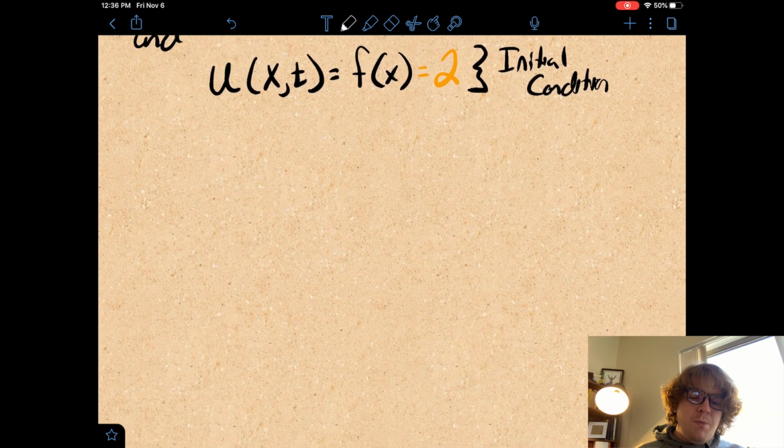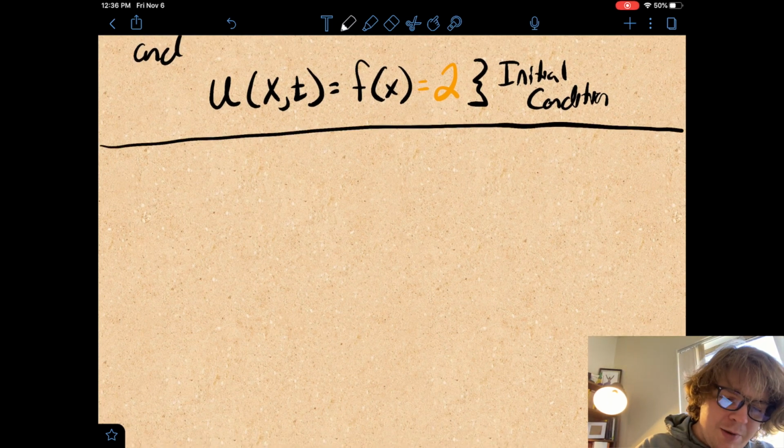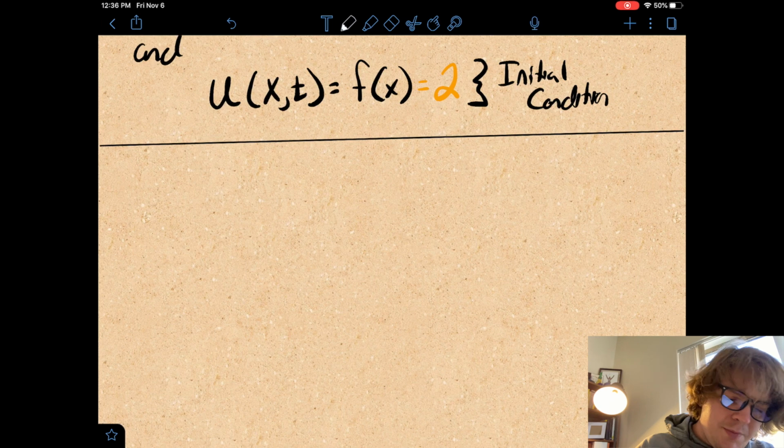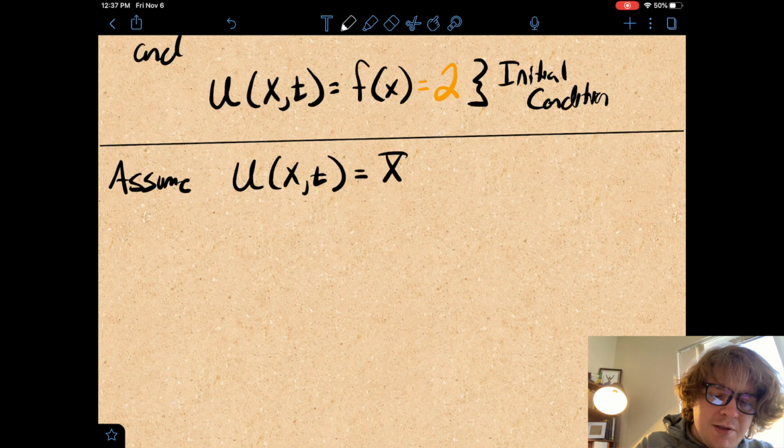So what we do is we make one assumption as we begin trying to solve our heat equation. That assumption goes a little something like this. We want to assume that the solution to the heat equation, our function u of x,t, is going to look something like a function of x times a function of t.